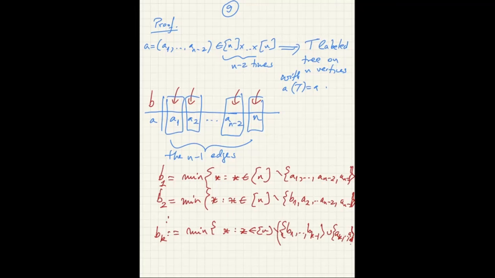And this way you can go all the way to Bn minus 1, and these are the edges of the tree. So I'm out of time for this lecture, but I'll go over it again in the next lecture, and I'll do some examples to show how this correspondence between labeled trees and Prufer codes goes.